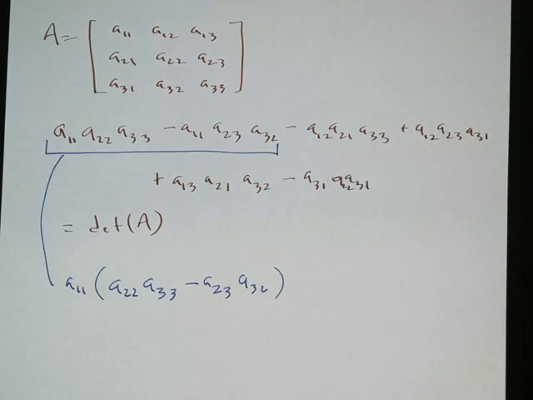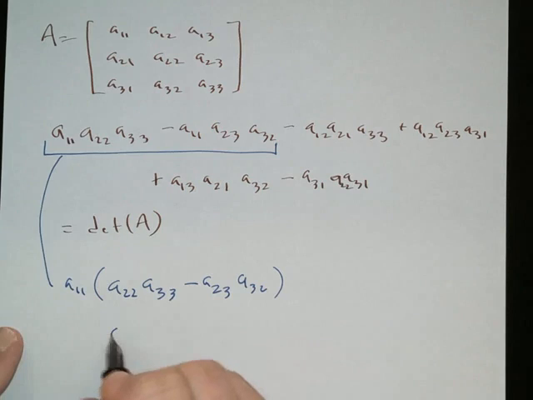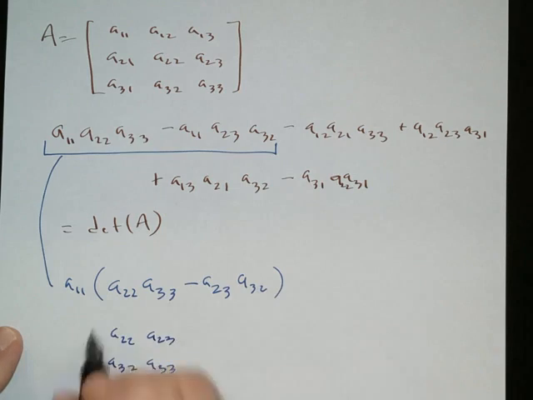Notice what the numbers in the parentheses look like. I've seen an expression that looks like that before. Two numbers multiplied together, subtract two numbers multiplied together. AD minus BC. What if those were A, D, B, C?